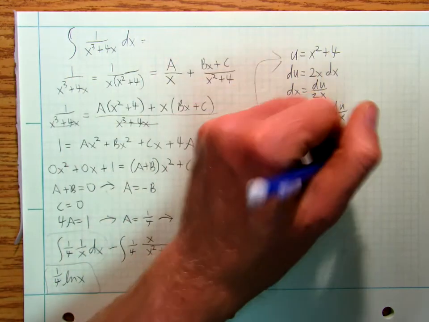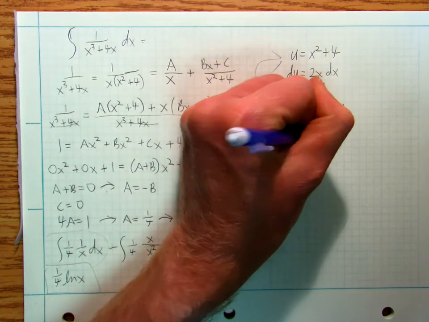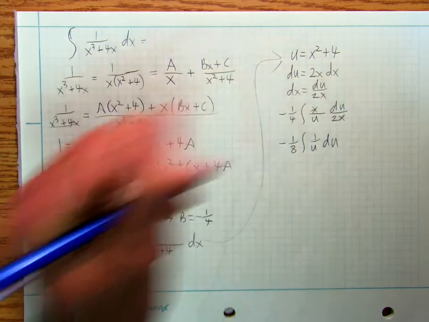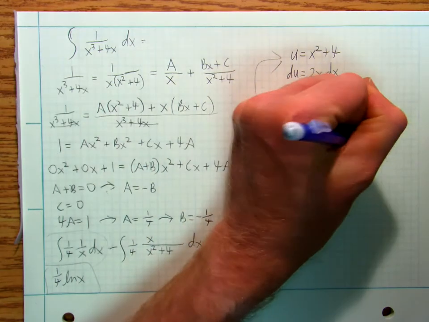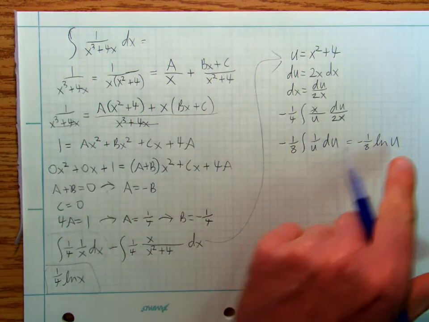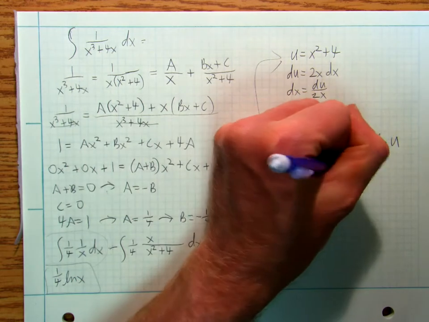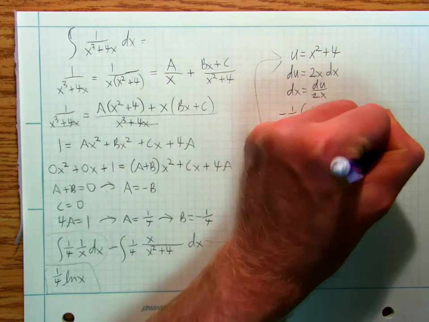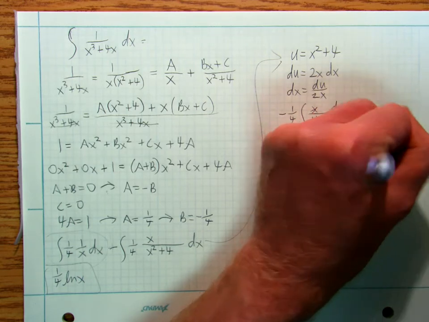The x's cancel, so I got negative 1/8 integral of 1 over u du. Well, there's just another ln, so that's negative 1/8 ln u. But then my u is x squared plus 4, so I get negative 1/8 ln x squared plus 4.